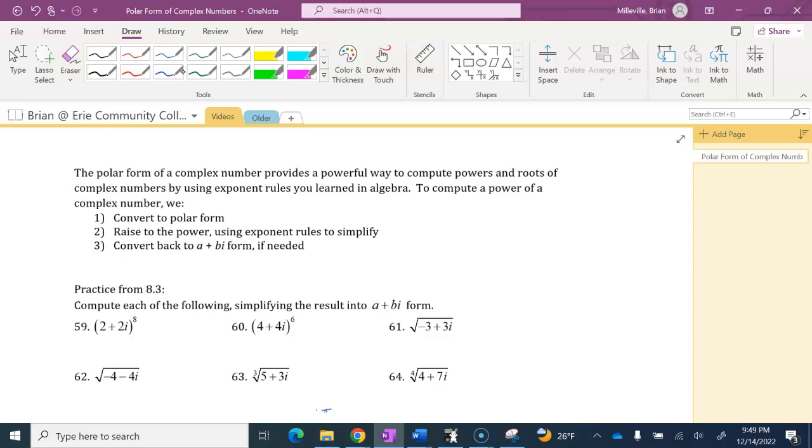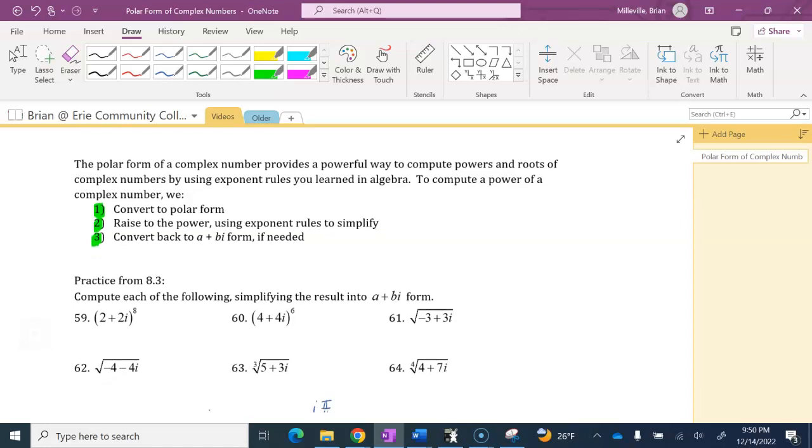Step two, raise the complex number to the appropriate power. Then use exponent rules to simplify it, and if we need to, convert it back to rectangular form. So if you're starting in rectangular form, convert to polar, raise it to the power, then convert back if you need to. Let's look at an example of how that's going to work out.